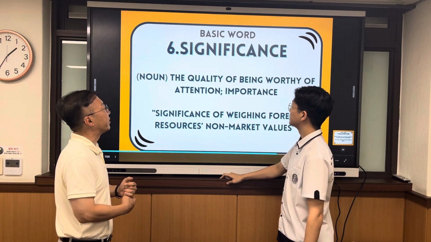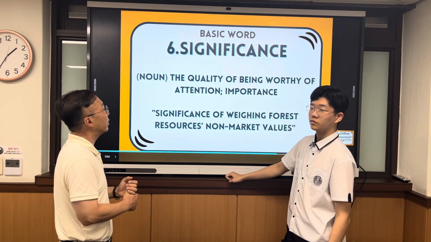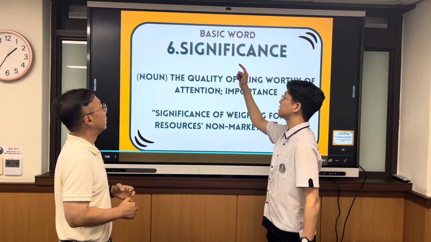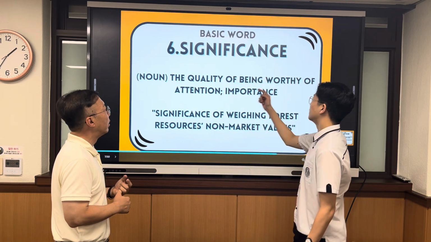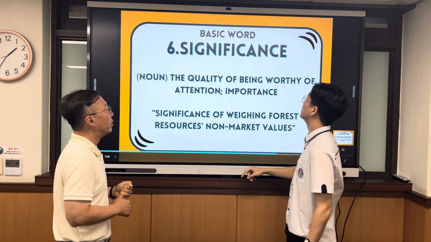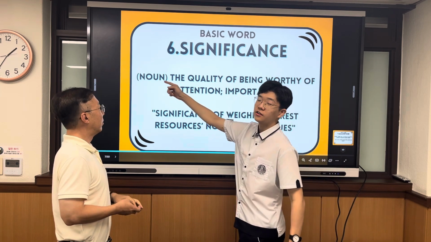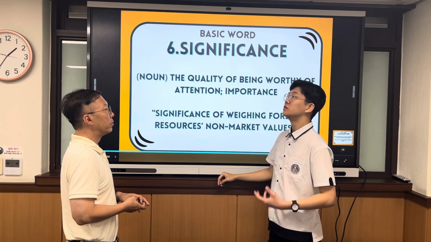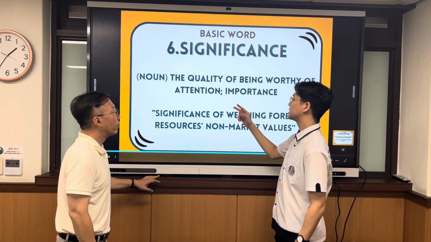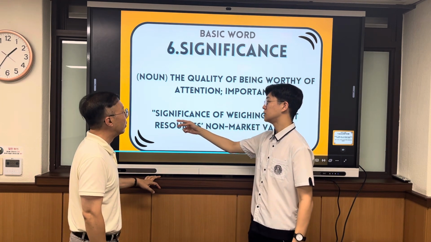Next word is significance. Can you tell me what significance means? Significance is a noun: the quality of being worthy of attention and importance. It is actually the noun form of the word significant, which means important. Let's read an example sentence.